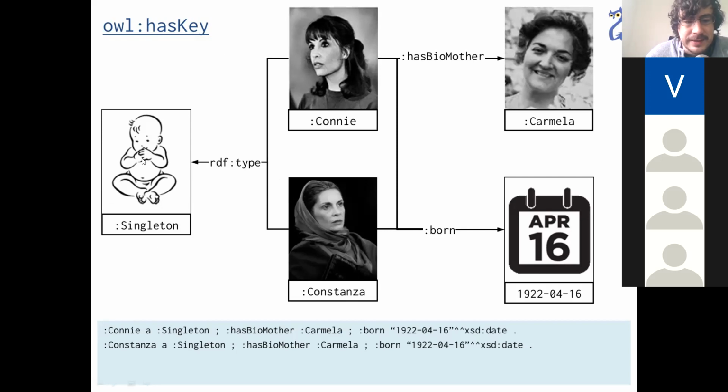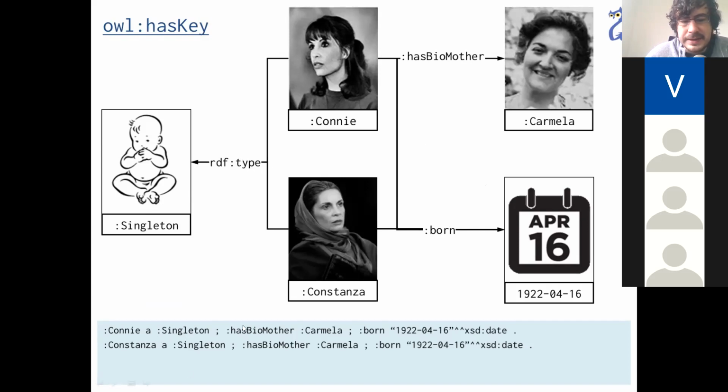So this class here, singleton, refers to a single birth rather than a multiple birth like twins or triplets and so forth. So if we have two nodes of type singleton and they have the same mother and they're born on the same date, we can infer that they're the same. So the combination of has biological mother and born is like a key for the class of singleton. It identifies the instances of singleton.